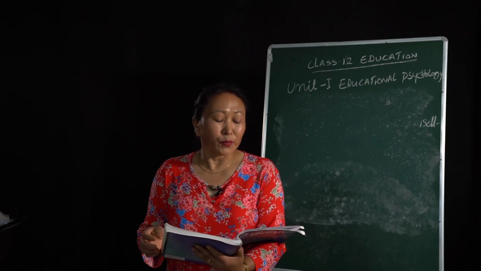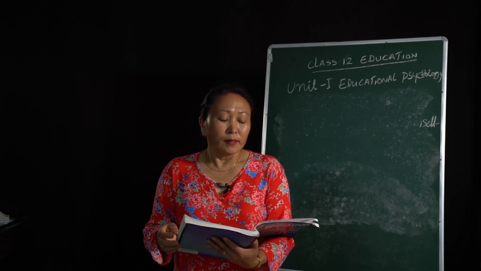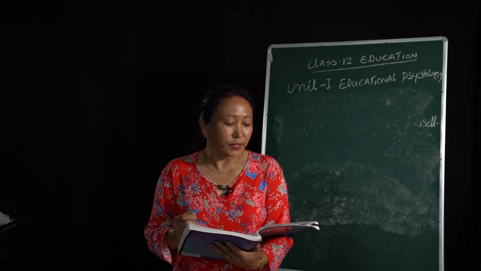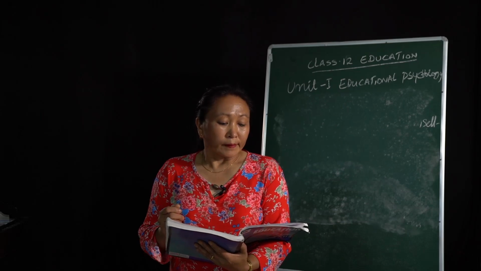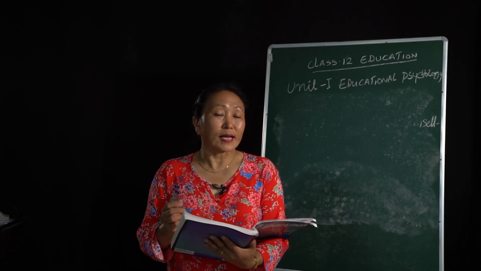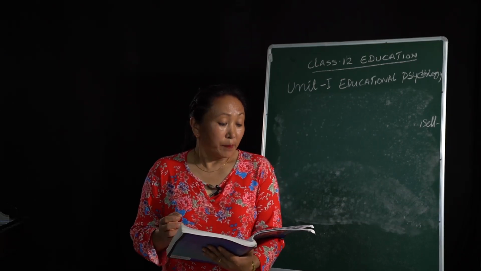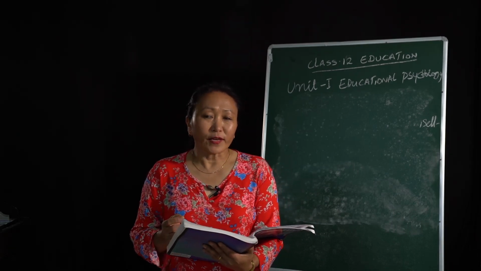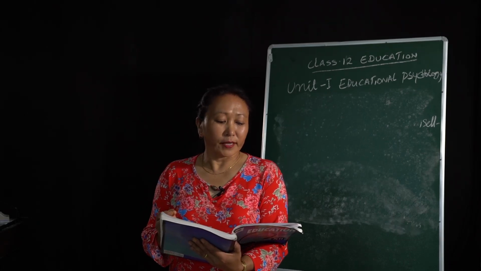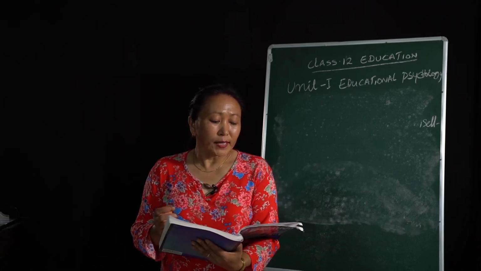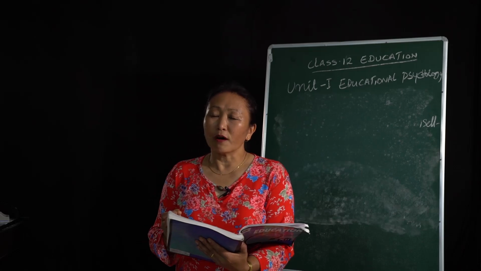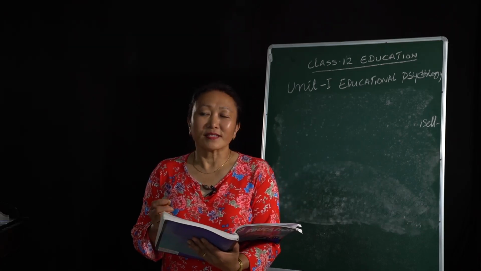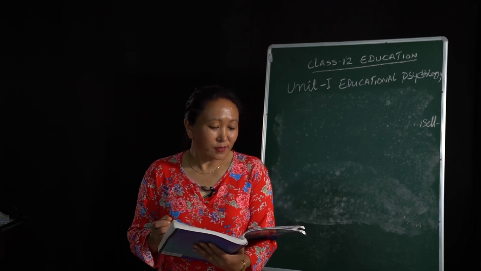Now, after that, we discussed the meaning of the term behavior. There we have three points. Number one is behavior as a life activity, which includes the cognitive activities and the affective activities. Number two says about the segments of human mind: conscious, subconscious, and unconscious.